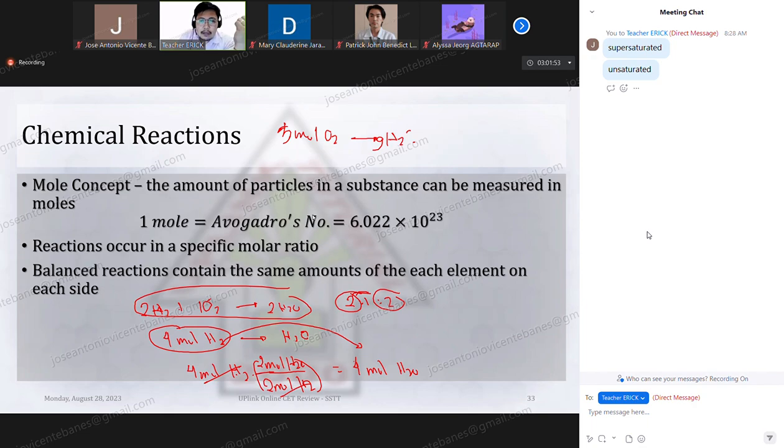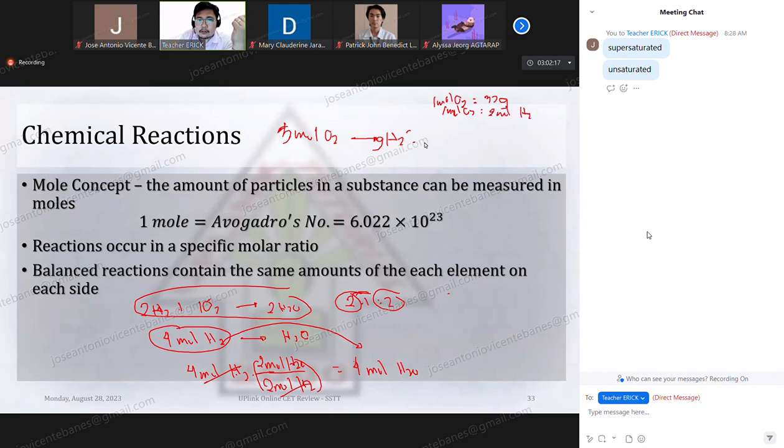So for every 1 mole of oxygen, there is 32 grams. Based on our mole ratio, for every 1 mole of oxygen, we are going to use at least 2 moles of hydrogen.